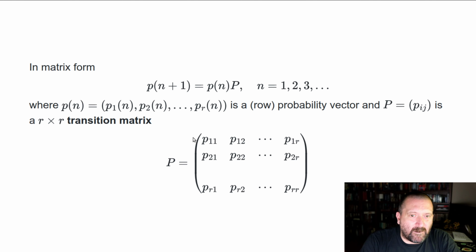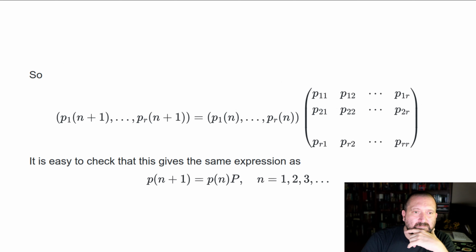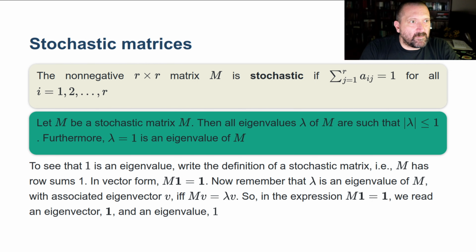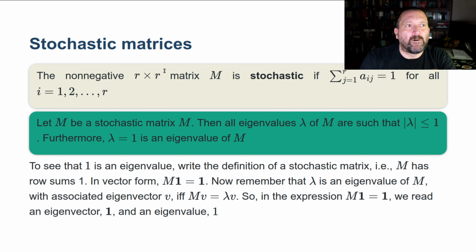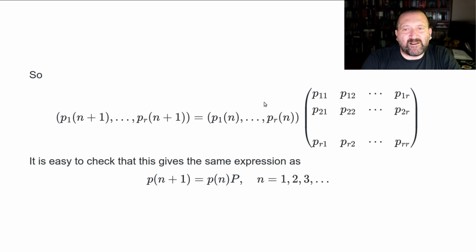It's an R by R matrix, and it has entries p_ij, the probability of moving from state i to state j. So what we have is this system here. Now, the matrix P that we saw here has a specific form.